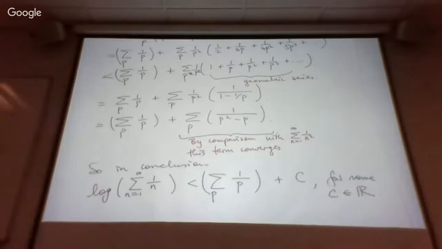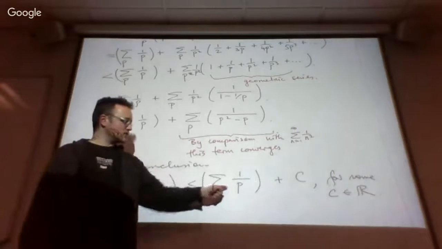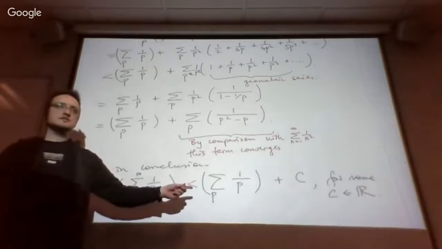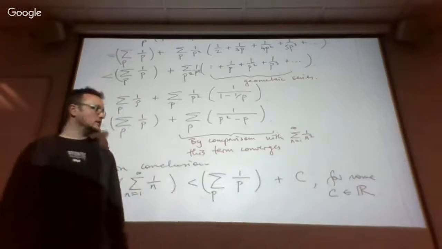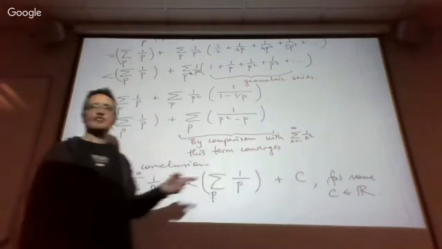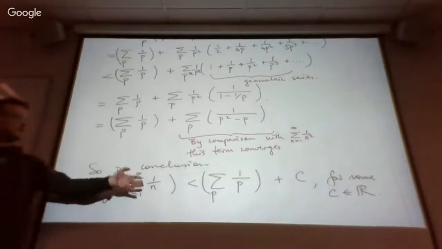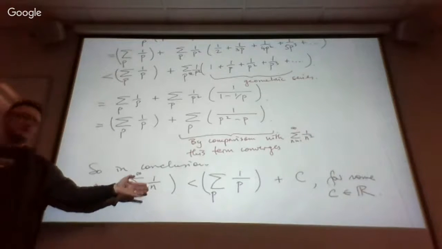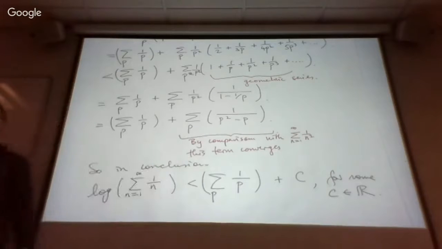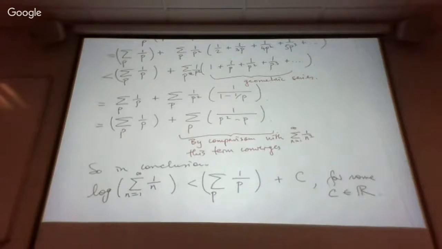So it's kind of like a proof by contradiction. This can't be finite. If this series here was convergent, this would just be a finite number. So you'd have a finite quantity on the right-hand side, but the logarithm of the harmonic series on the left-hand side, being bounded above by that finite quantity. Well, strictly speaking, what lies behind this, you can fix this argument.